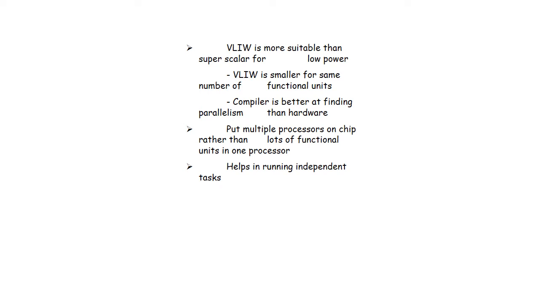VLIW is more suitable than superscalar for low power processing. It is also smaller for the same number of functional units, and it compiles better at finding parallelism than the hardware does. It also puts multiple processors on a chip rather than lots of functional units in one processor, which helps in running independent tasks.